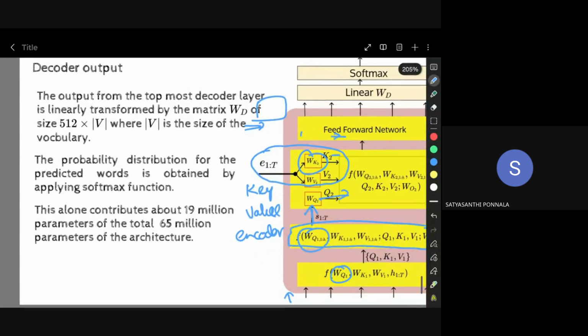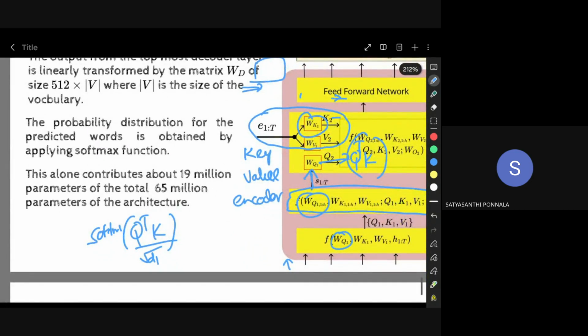You'll get Q from this and K from here. So you'll multiply Q transpose K, take softmax of that, of course with some form of scaling, and then multiply by V, which you will get here. You can name V2, and two for all of them; that is also okay.